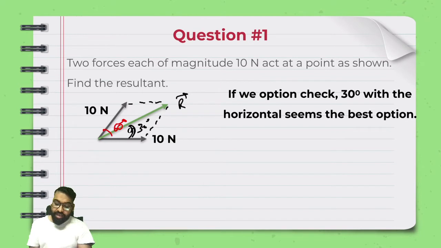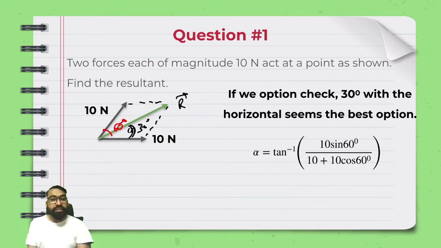So I would say let's use that funda, that tan alpha is equal to B sine theta divided by A plus B cos theta. That means alpha is tan inverse of 10 sine 60 divided by 10 plus 10 cos 60. This is again coming from the direction part.